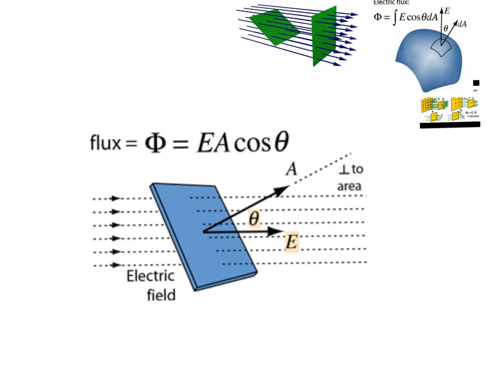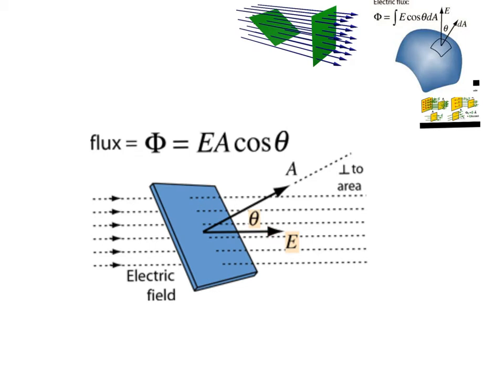So when it comes to calculating the electric flux that goes through a surface, for a simple case such as this, where the field is uniform, the area element that we're calculating the flux over is flat, and so the angle between the field and the area element is a constant angle.